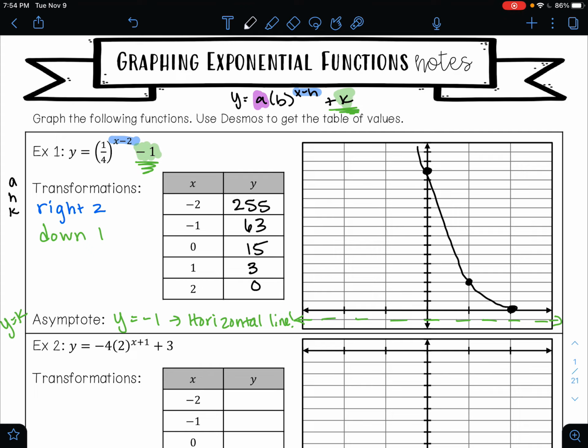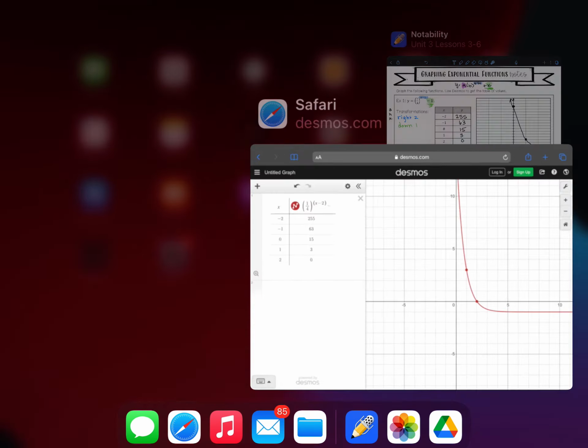The asymptote is the line that your curve approaches more and more closely. So as we go from left to right, this curve is getting closer and closer to this asymptote. It will get very, very close to your asymptote, but it will not ever cross or touch it. If it helps you, you can graph your asymptote in Desmos.